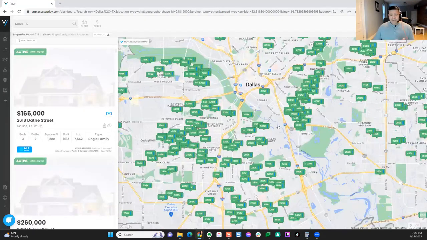We can show the agents the private remarks that come from the MLS. We also give you the ability to automatically send deals to your clients on auto drip. And also, you can see the agent contact information and the office information in the CMA for the property.